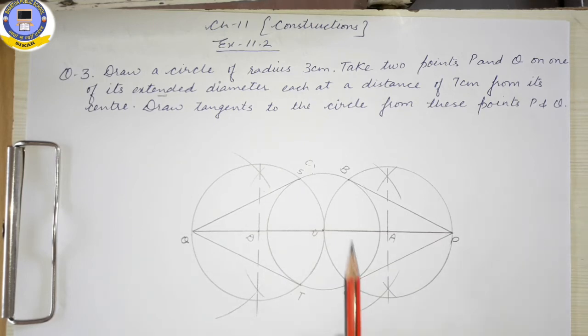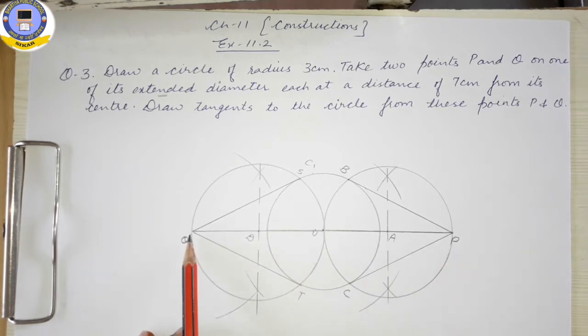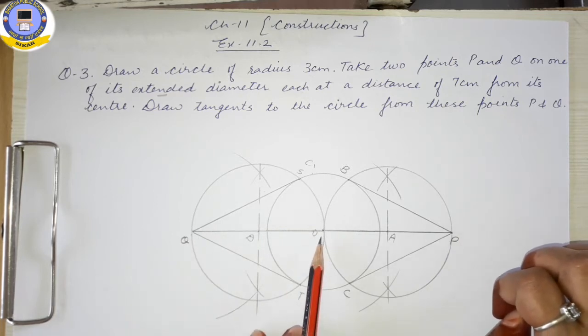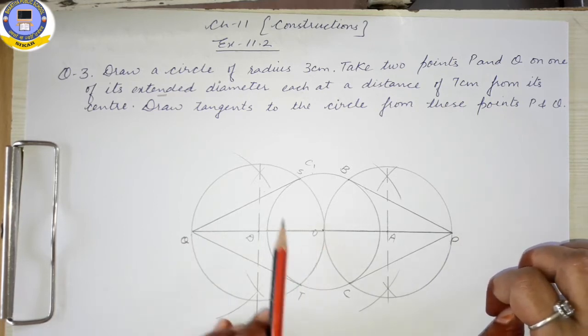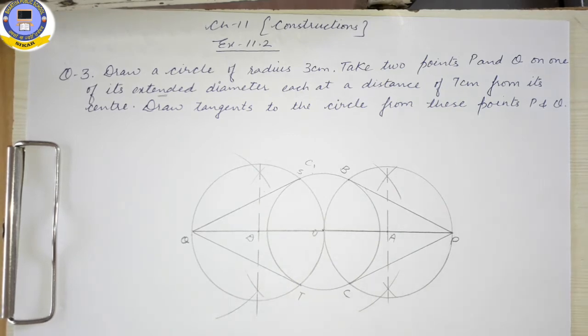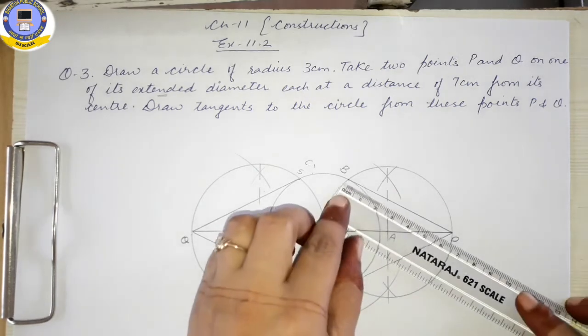Why? Because both the points P and Q are at a distance of 7 centimeter from center. That means both the exterior points have same distance from center. Okay, and since you have drawn tangents on the same circle, obviously their length must be same. You can check it out. You can measure their length.